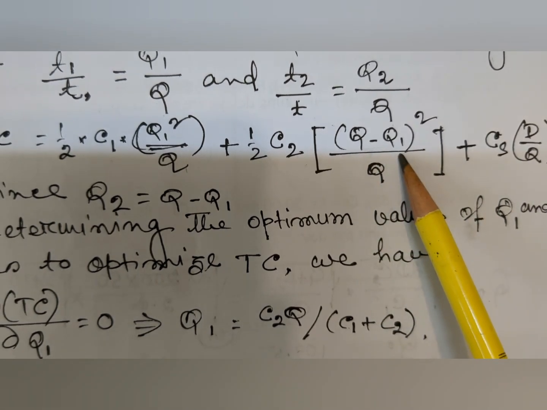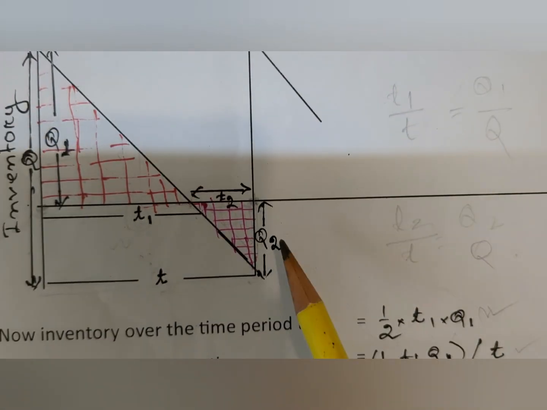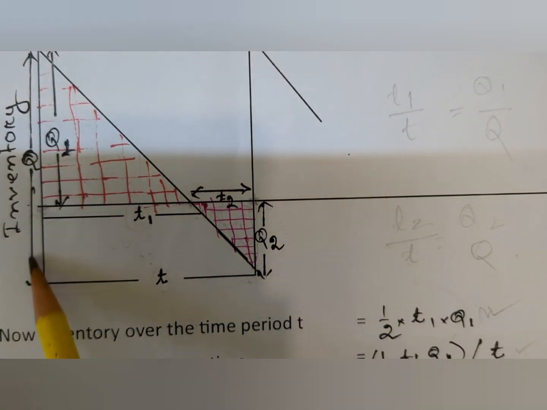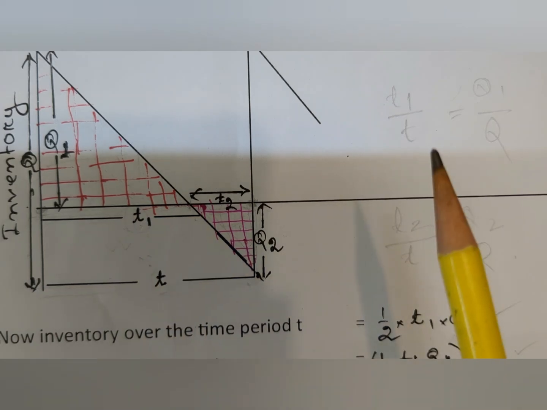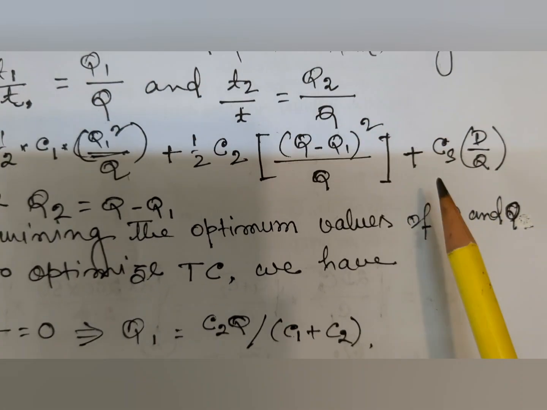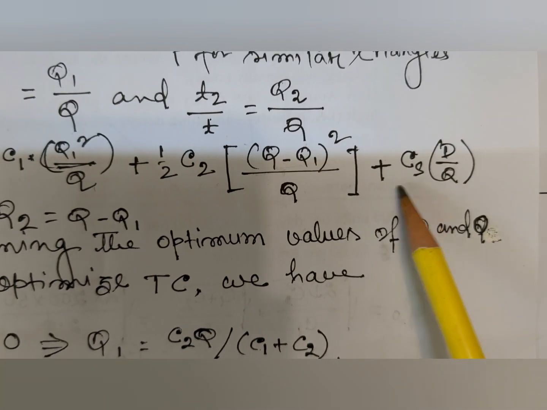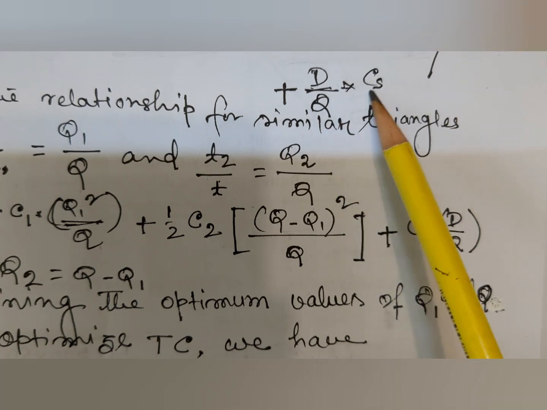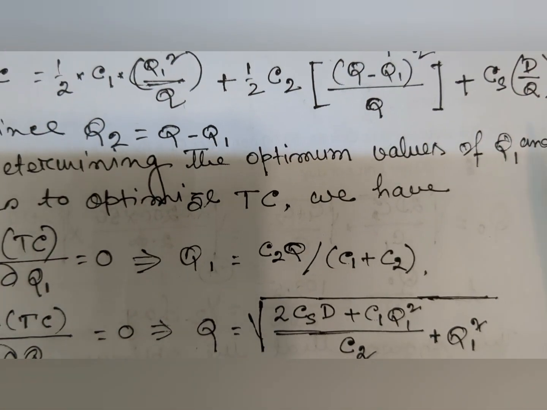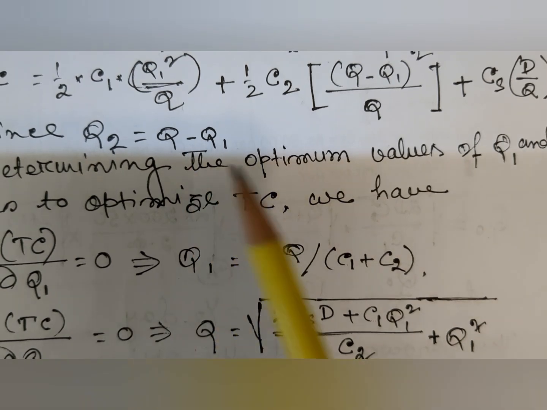Because Q1 plus Q2 is equal to Q. You can see from the graph Q1 plus Q2 is equal to whole Q. That's why you can write in place of Q2, Q minus Q1. We have written that because we have to convert to two variables Q and Q1, and plus CS D by Q, already noted here. I have already mentioned since Q2 is equal to Q minus Q1.